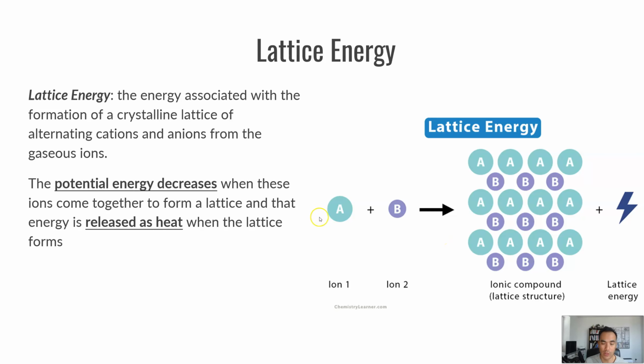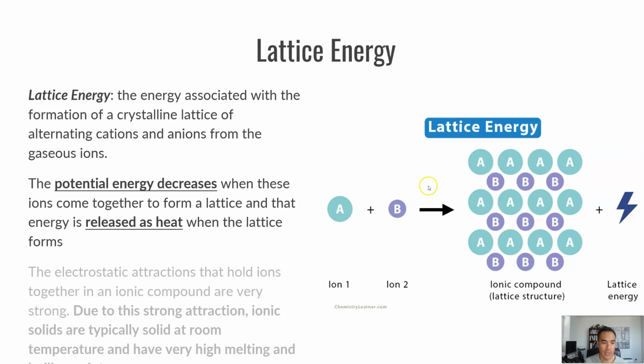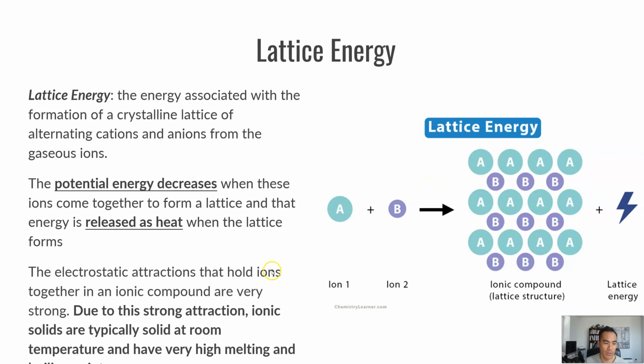But if I want to form the lattice structure, I'm going to have a lower potential energy, and there's going to be heat being released. So when the lattice is being formed, you are releasing heat in the form of lattice energy. This is due to the fact that these attractions are electrostatic, and they give very high melting and boiling points.